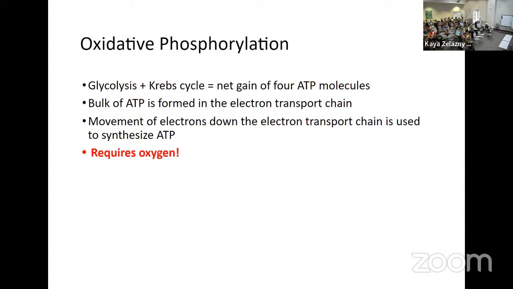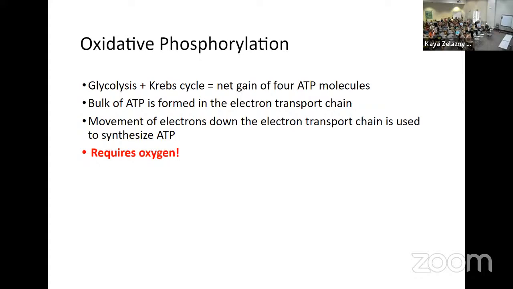Now, the way oxidative phosphorylation works is pretty different because instead of having these numbered and enzymatically mediated steps, like all those different named enzymes in the Krebs cycle and the named enzymes that we didn't bother naming in glycolysis, now we're passing electrons down a series of membrane proteins stuck in the inner membrane of the mitochondria.